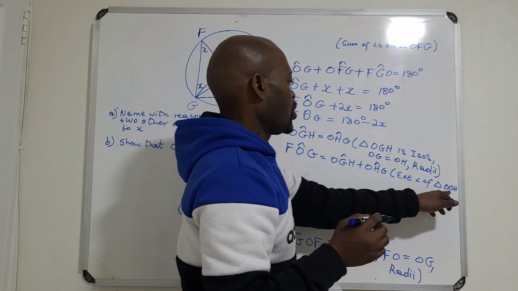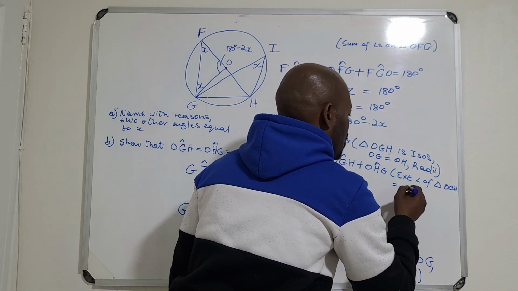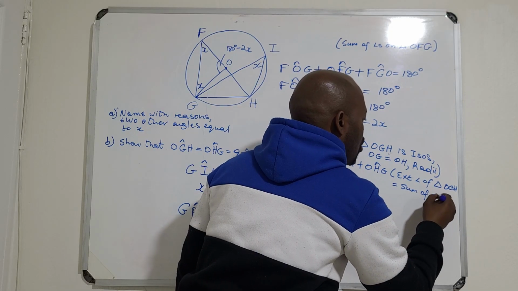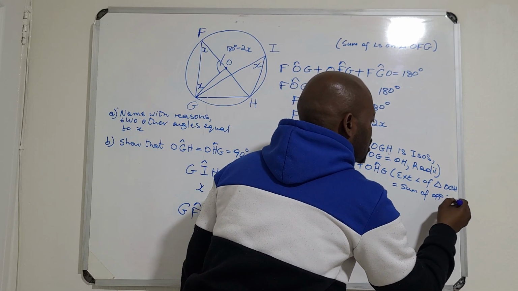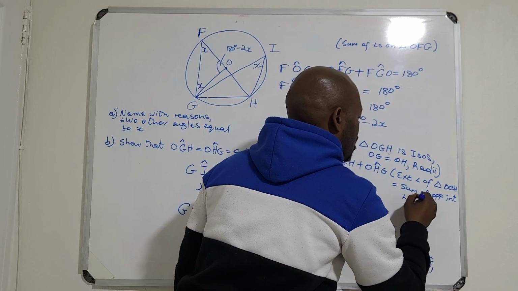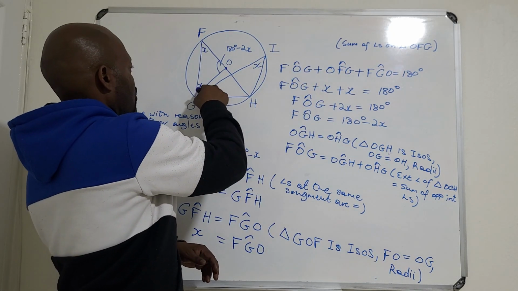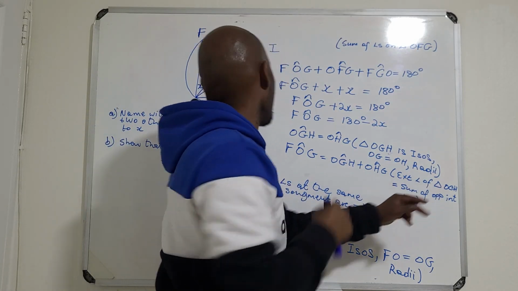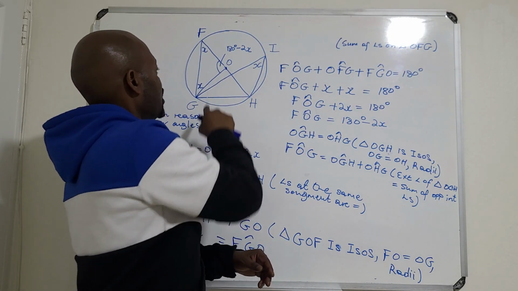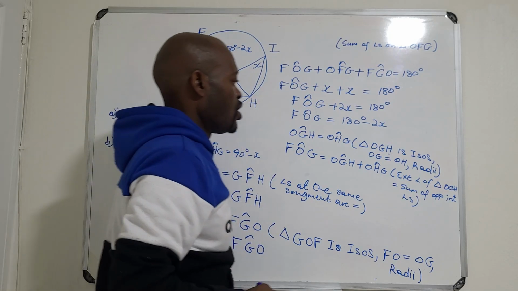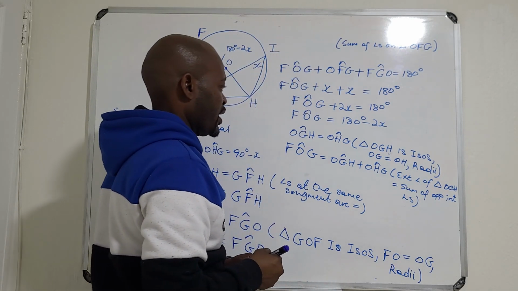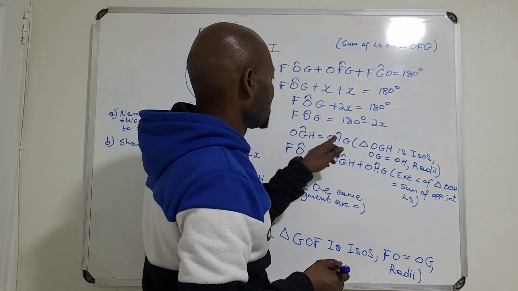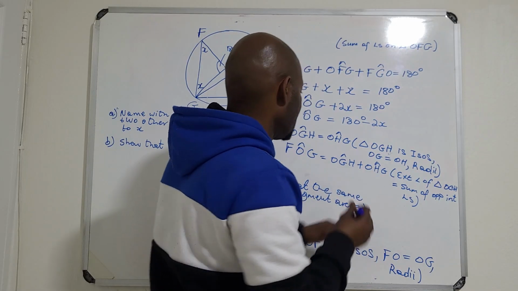Exterior angle of triangle OGH is equal to the sum of opposite interior angles. This angle is equal to this angle plus that angle. Exterior angle of a triangle is equal to the sum of the opposite interior angles.